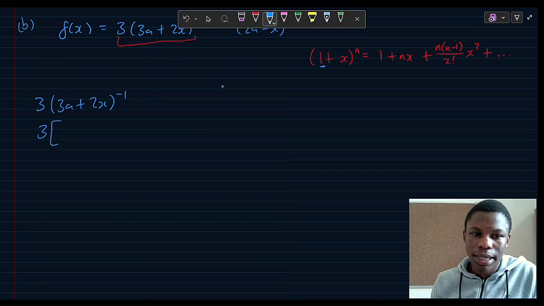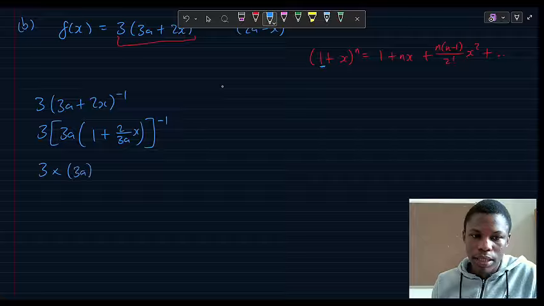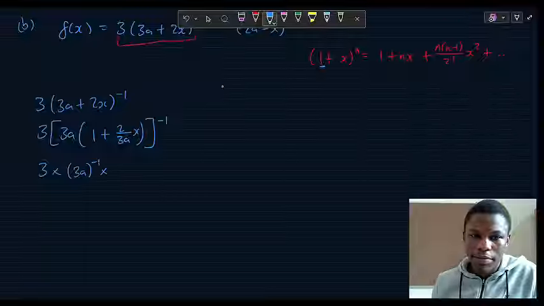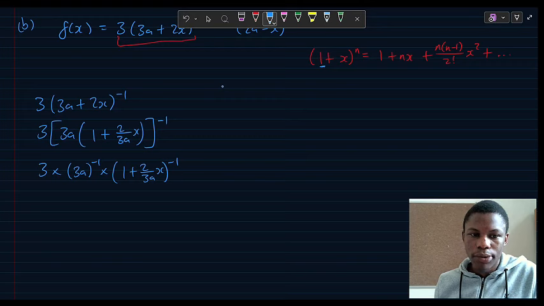So I can write this like this. I can factor out my 3a, so that becomes a 1 plus, this is now 2 over 3a x, and this is all to the negative 1. So if I distribute the power, I've got 3 times this 3a raised to the negative 1 times this bracket to the negative 1, right?